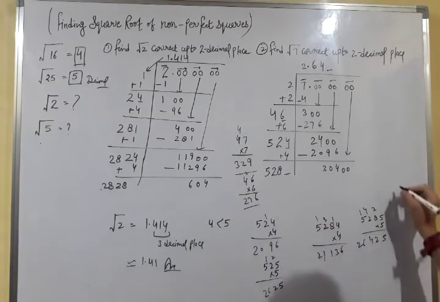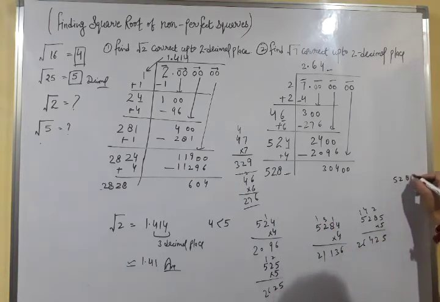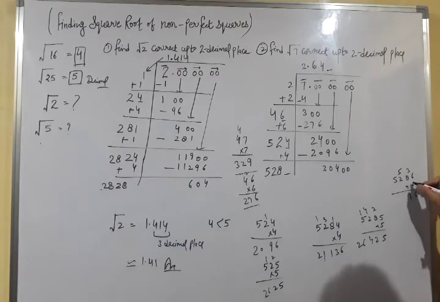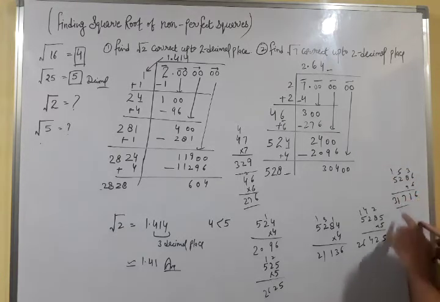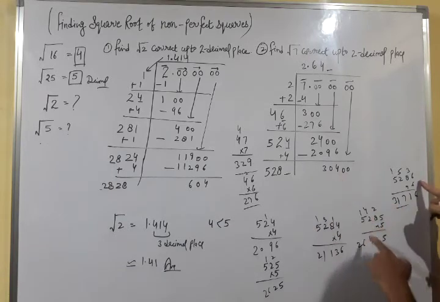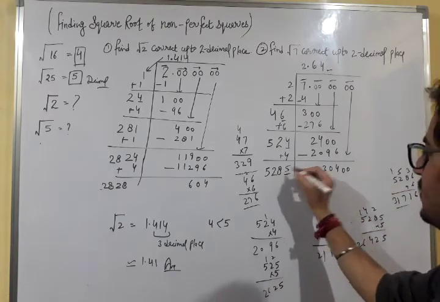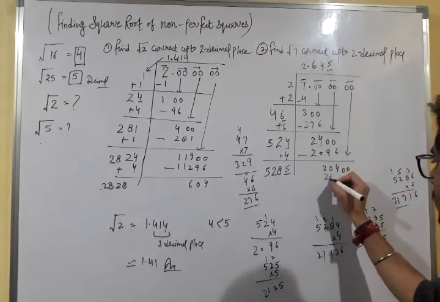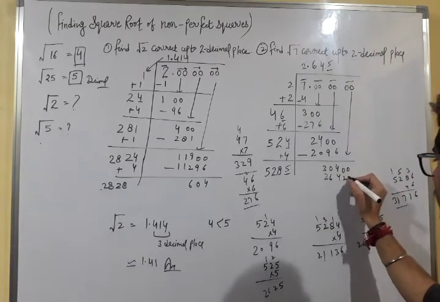Still less than. We will multiply 5286 by 5: 36, 51, 17, 31. It is greater than 30400. So we will go for 5. We will write 5 here and it will be 2 6 2 6 4 2 5.